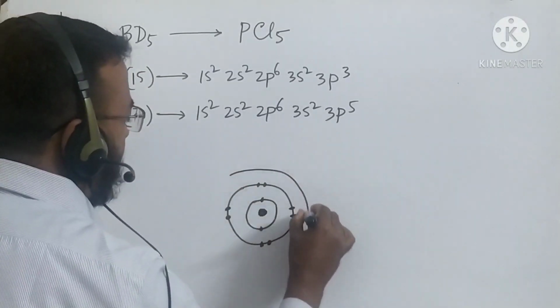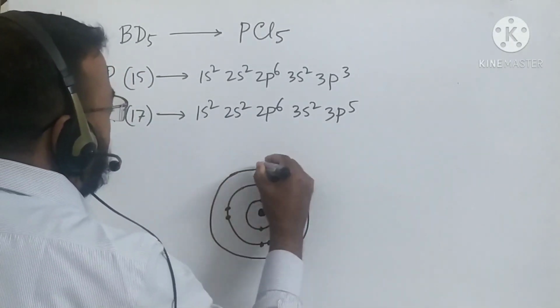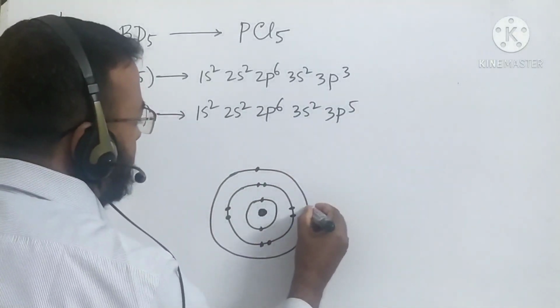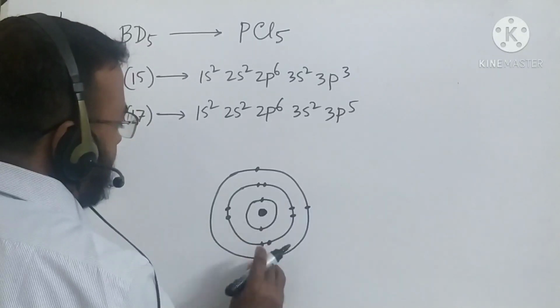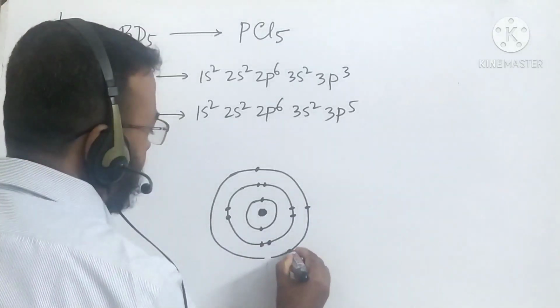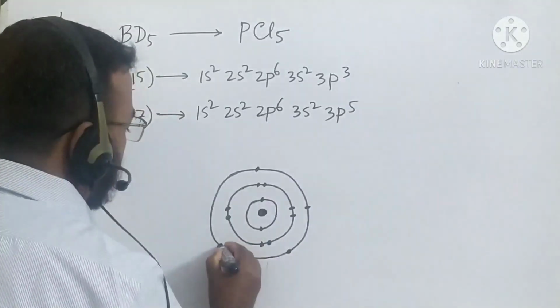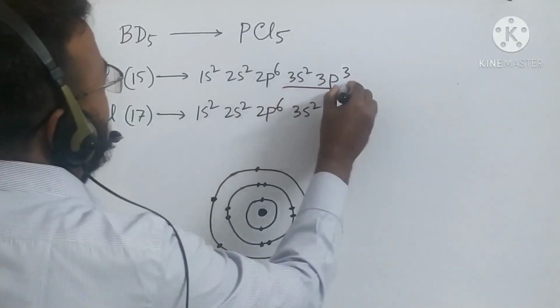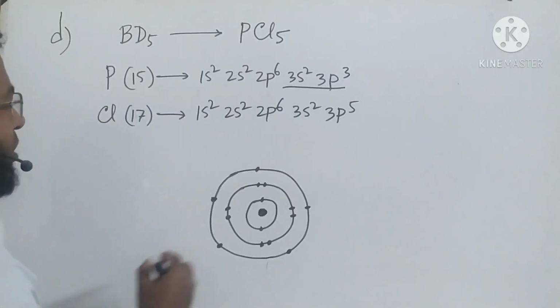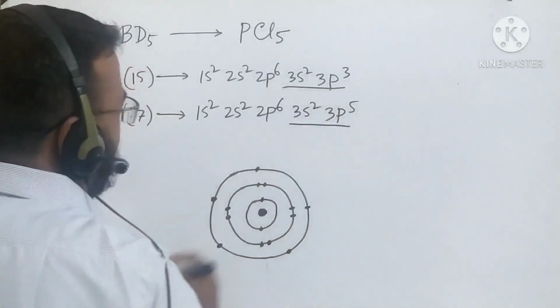Now the third energy level has 5 electrons. So there are 5 electrons in the outermost energy level of phosphorus. Now chlorine has 7 electrons.